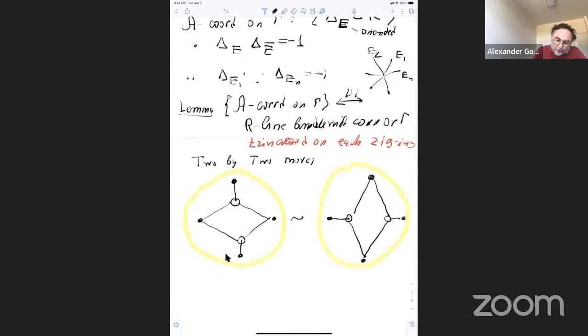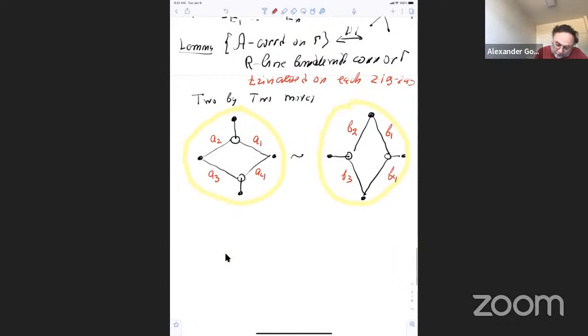Now the question is, what happens with coordinates under these moves? And here is the answer. As you remember, the coordinates are assigned to the edges. So we have coordinates A1, A2, A3, A4 here, and here we have B1, B2, B3, and B4. And there are formulas which tell you what's going on.